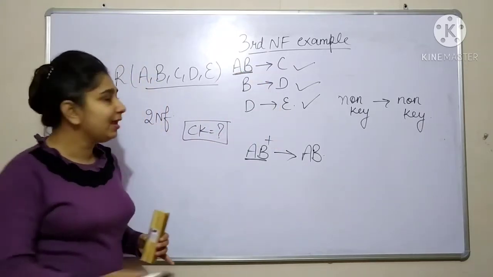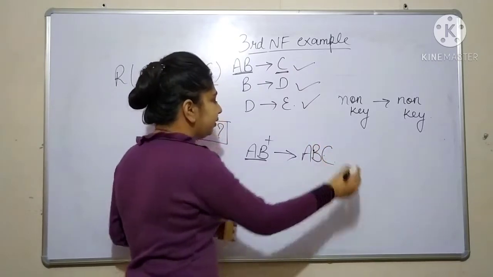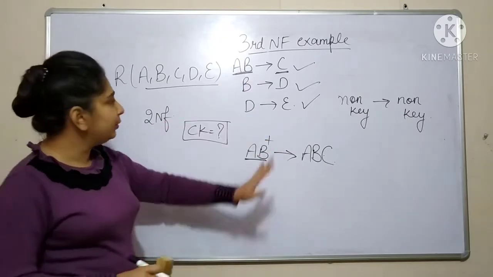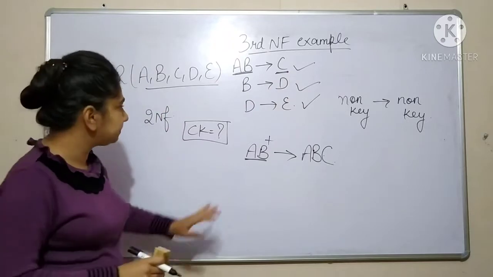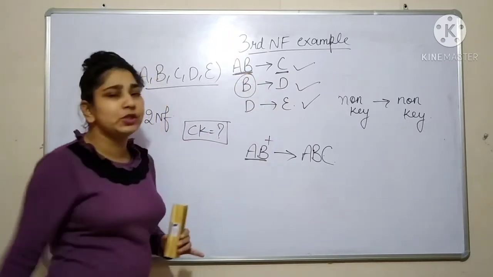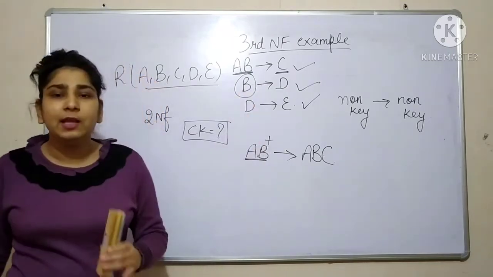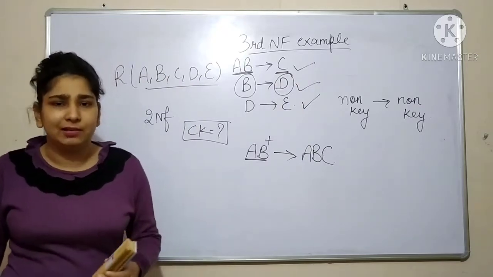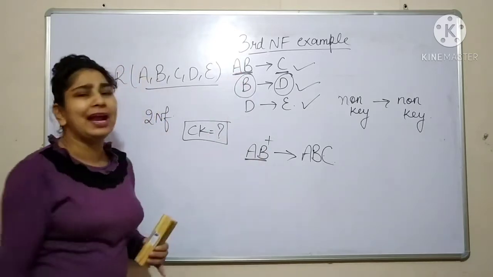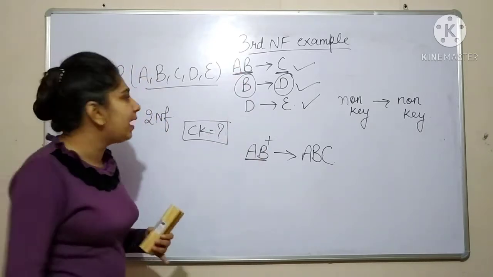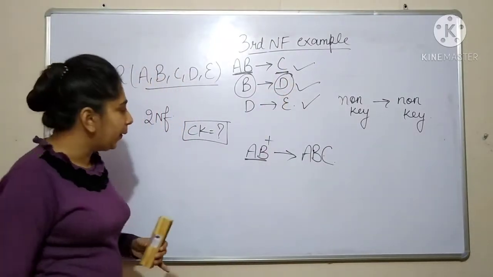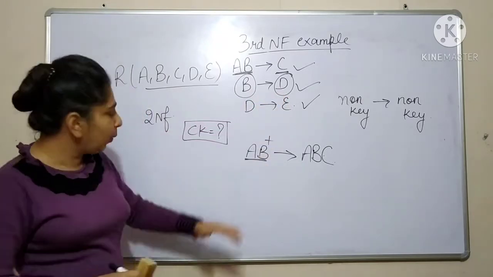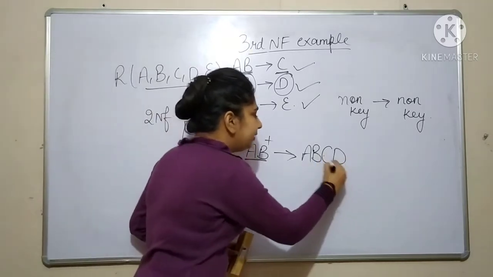With AB, I can uniquely determine the value of attribute C. And in this functional dependency, B alone is enough to determine the value of attribute D. Any additional attributes added to B would also determine D, so definitely AB determines D.